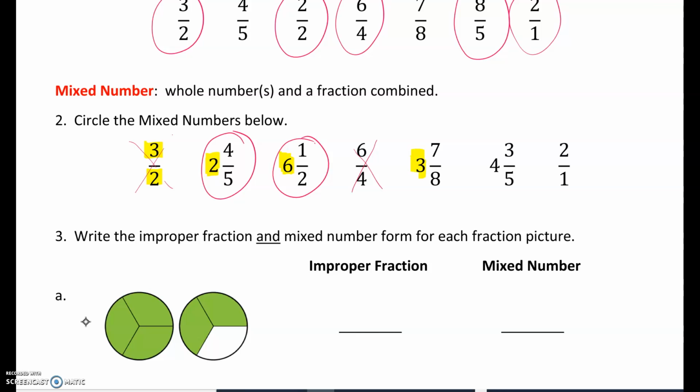So yes, this is a mixed number. 4 3/5. Well, 4 is a whole number along with the fraction. So yes, this is also a mixed number. 2/1. I do not have a whole number. I only have a fraction. This is not a mixed number.